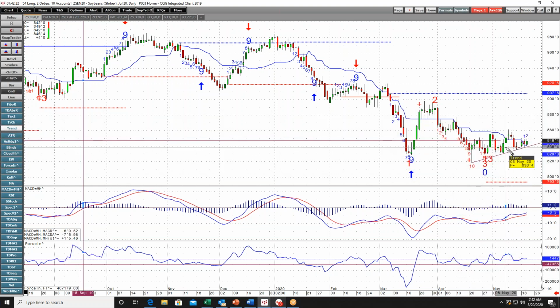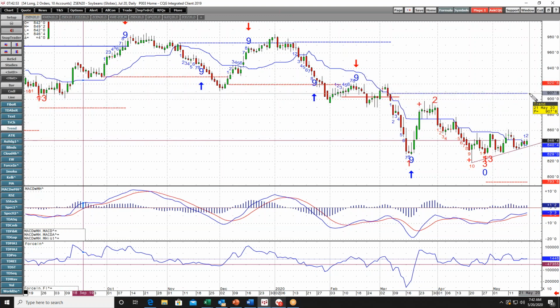Remember, what does an uptrend look like? Higher highs and higher lows. So you have higher lows, and here you do actually have higher highs, even though we can't seem to hold a rally. If beans can continue to find a little bit of support this morning, then given the setup that we just went through, beans could get pretty hot and could come test this $9 level very, very quickly.